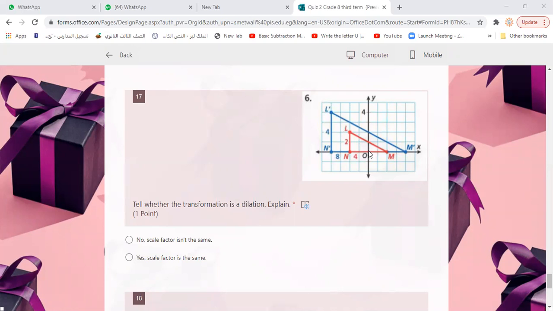So we have a dilation. And we want to find the scale factor. So it will be 0, 1, 2, 3, 4, and this one is 0, 1, 2. So we have 4 divided by 2, which equals 2. So this question is a dilation by a scale factor of 2.